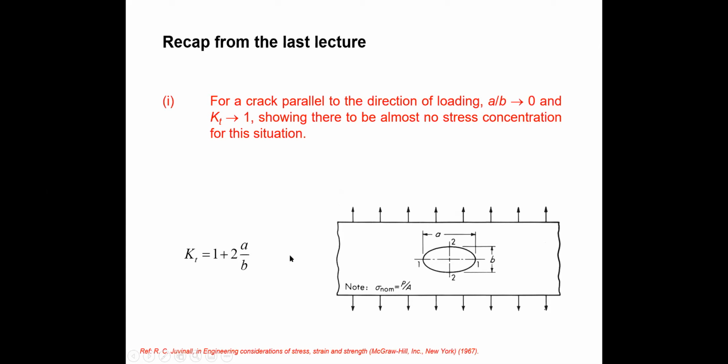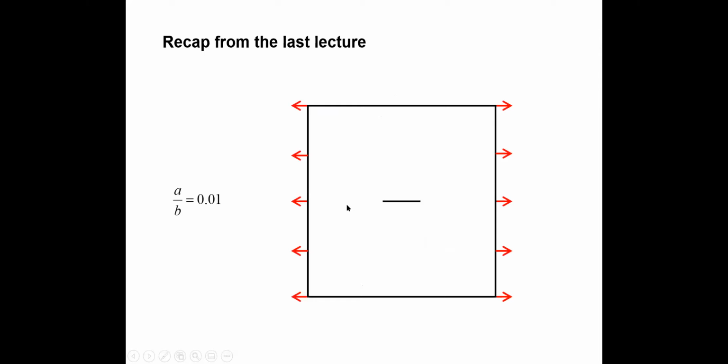If the a/b ratio reaches 0, that means it is parallel to the loading direction, so it does not have too much effect. Kt reaches 1.